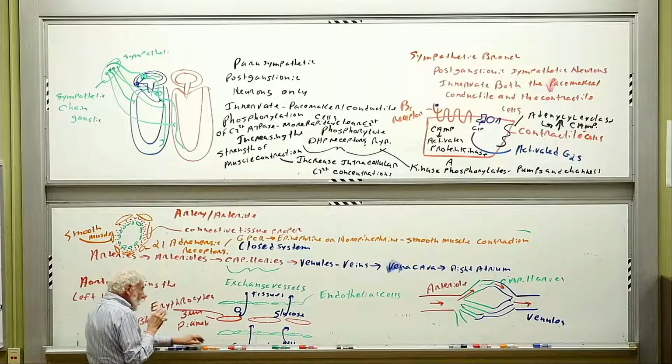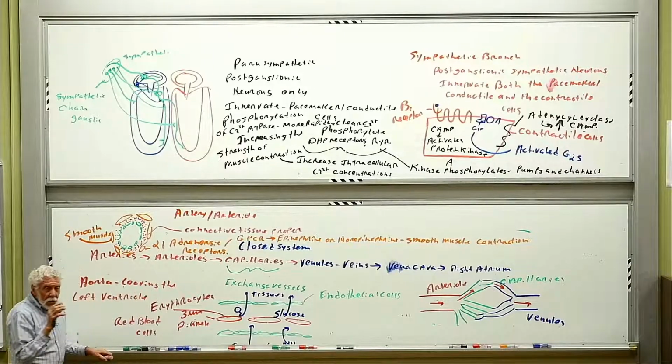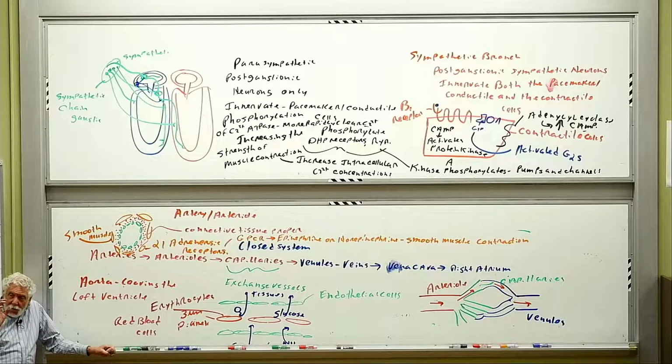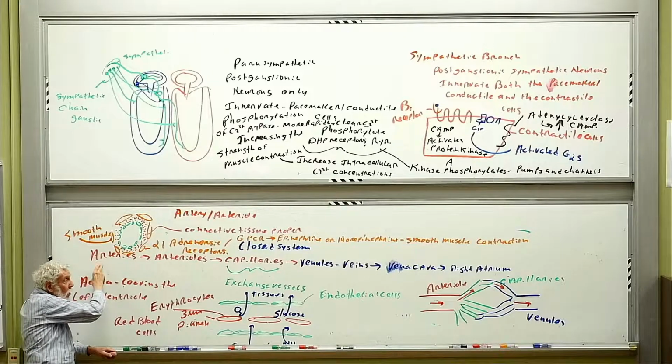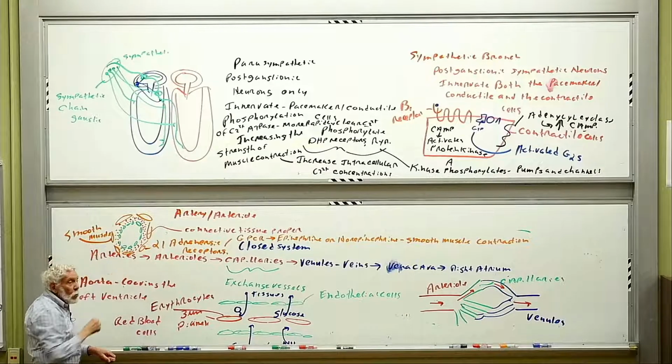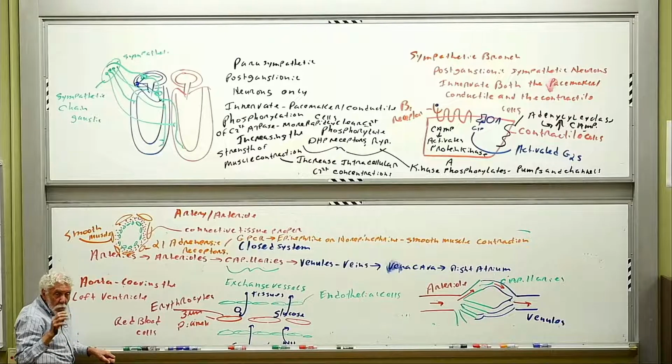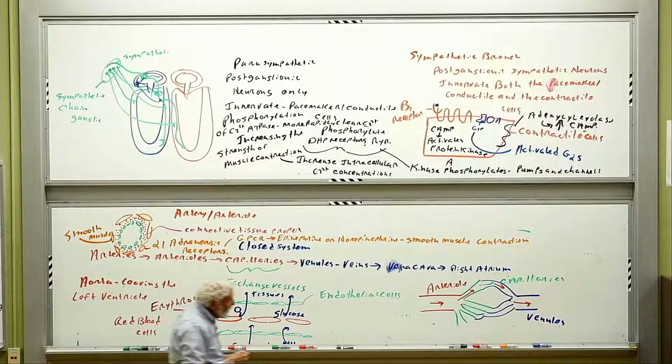So let's think about this for a little bit and think about what's going on here. We have this series of tubes, and on the arterial side, and even down all the way to the arterioles, and all the way up into the aorta, they're surrounded by smooth muscle. That smooth muscle now is under control. So now what happens here?